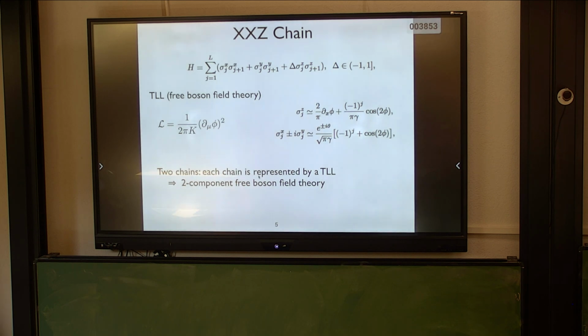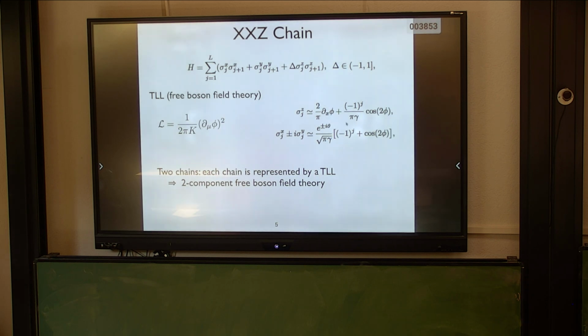Yes, the dispersion is not exactly linear, so probably there are interactions. Yeah, you're right. Of course, if you really want to describe this precisely, yes. But in my talk, I ignore all those irrelevant perturbations.